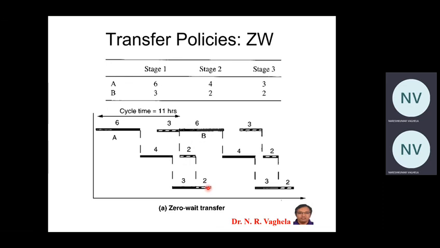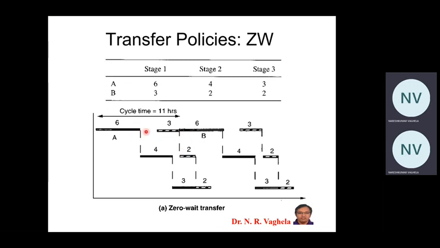One trick here: after drawing the gain chart for product A, we can start to draw the gain chart from stage 3. Draw the 2 hours gain chart here, then come upside to stage 2, then stage 1.